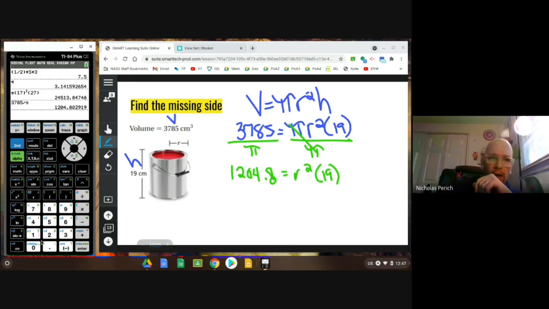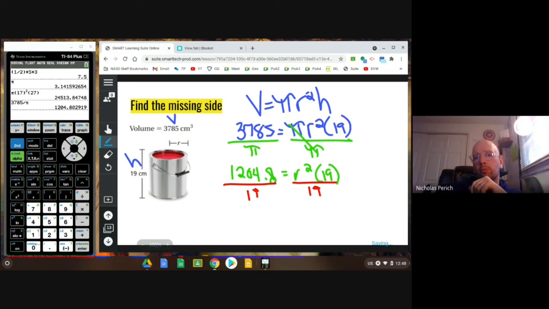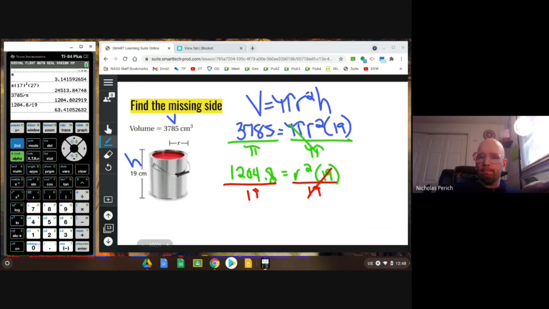So I have to divide both sides by 19. 1204.8 divided by 19 is 63.41.